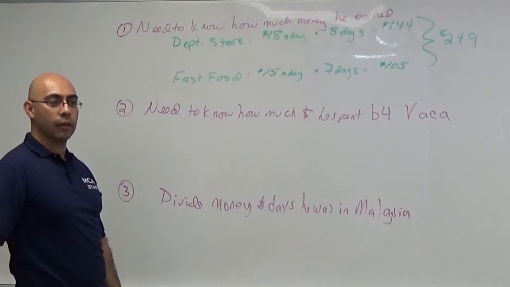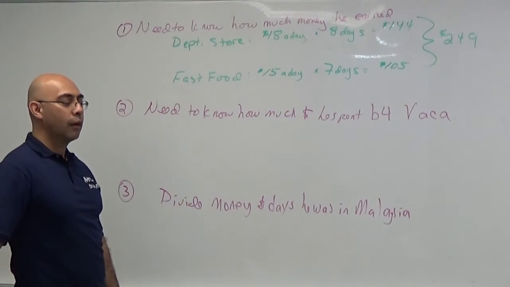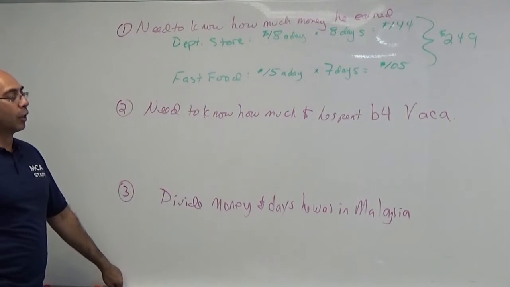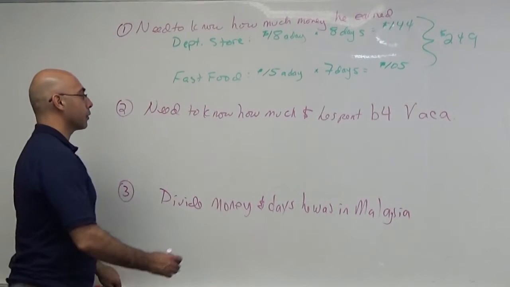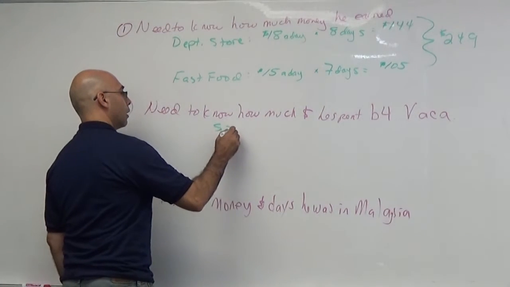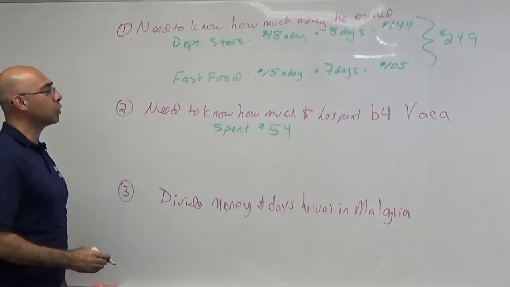Now, it says that he spent something before going on vacation. What did he spend his money on? A present for his mother. How much did he spend on this present? $54. So how much money does he have now?